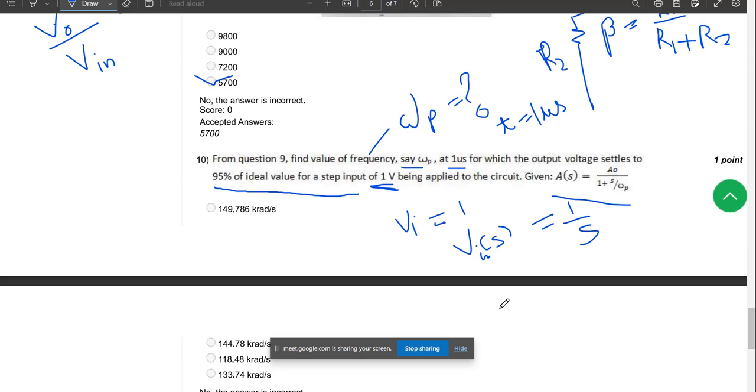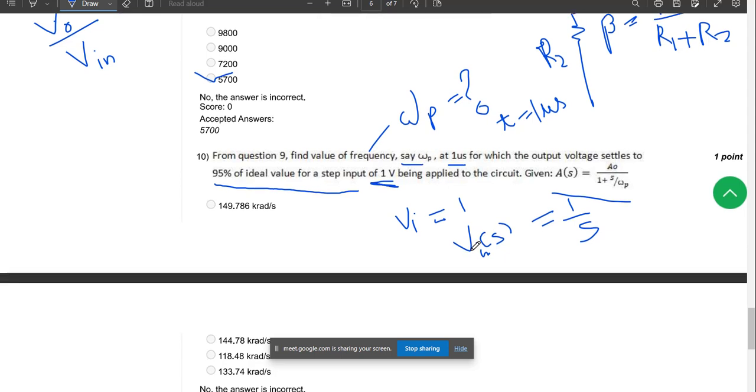Then do an inverse Laplace transform on that output voltage equation. After that, put the value of t equal to 1 microsecond, and you will be able to find omega p. Now try to solve this question, and then we'll go back and discuss the solution. Take 5 minutes.